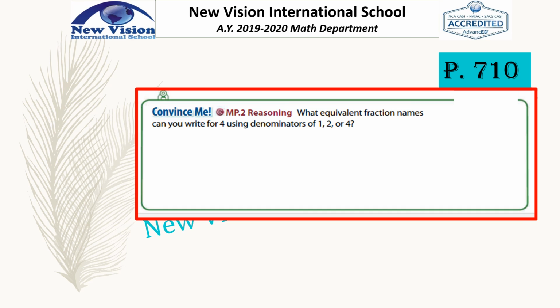Now we have here, always remember that the whole number is 4, correct? And the denominators for the equivalent fractions are 1, 2, and 4. Okay, so we have here 4 over 1, which is equivalent to the whole 4.